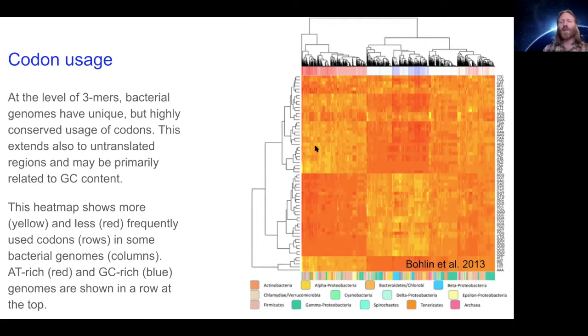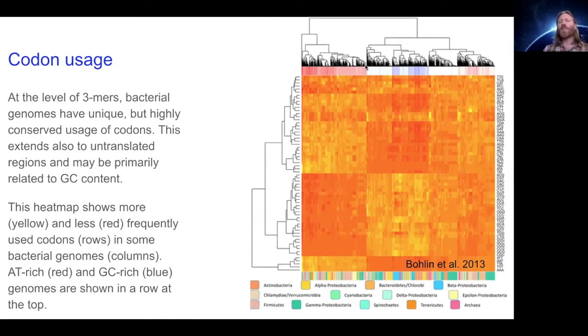This heat map on the right shows in yellow the more frequently used codons, and in red the less frequently used codons for some bacterial genomes, which are in the columns, and for each codon, which is in the rows. You can see that there's patterns here, and that they're related to the GC-rich or AT-richness of the genomes, which is in the upper row at the very top.